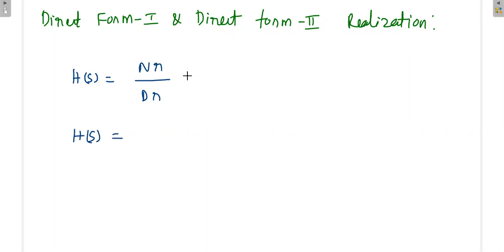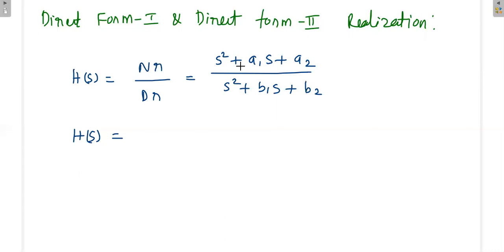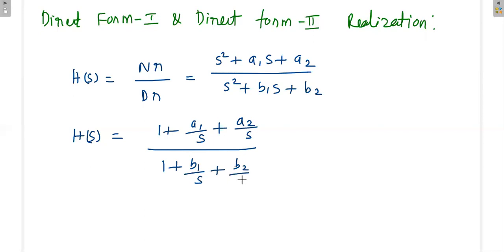Say for example the numerator is s squared plus a1 s plus a2, and the denominator is s squared plus b1 s plus b2. We have to modify this by taking s squared outside, so we get 1 plus a1/s plus a2/s squared. In the same manner, taking s squared from the denominator, the s squared cancels, and we get 1 plus b1/s plus b2/s squared.